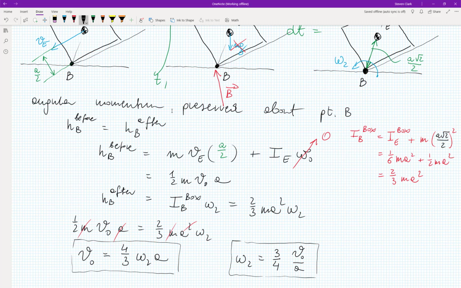Okay. How about questions? I don't see any questions. So right now we ended up with the situation right after the impact. This omega 2 will be the omega experienced by our system after the impact. Question to you, is this what they ask us for?